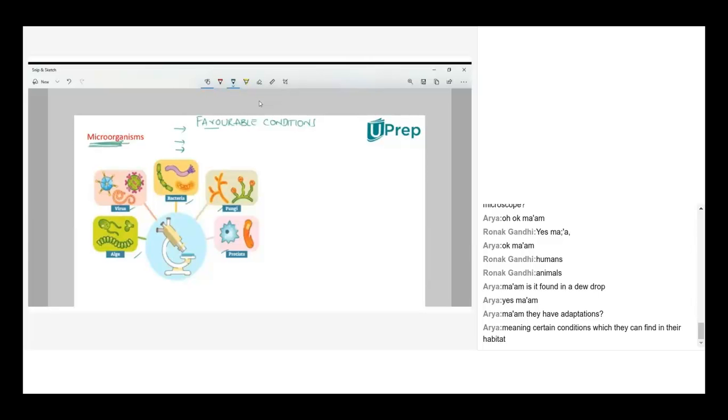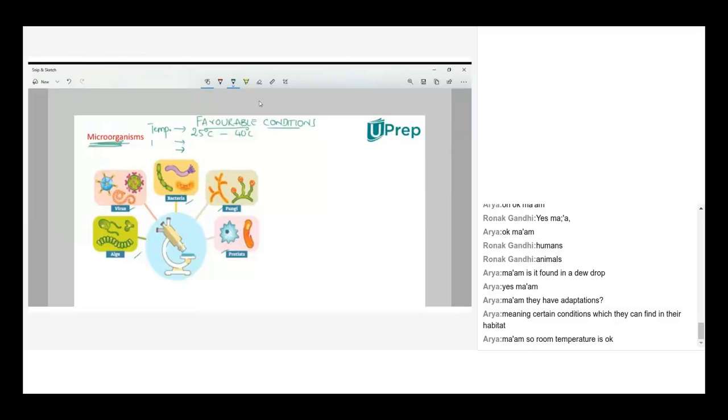So when you take the favorable conditions in which the microorganisms will grow, first we'll talk about temperature. The temperature usually will be 25 degrees centigrade to 40 degrees centigrade, which is called favorable condition for microorganisms. First thing. Then what else they need? They need the medium in which they will grow.